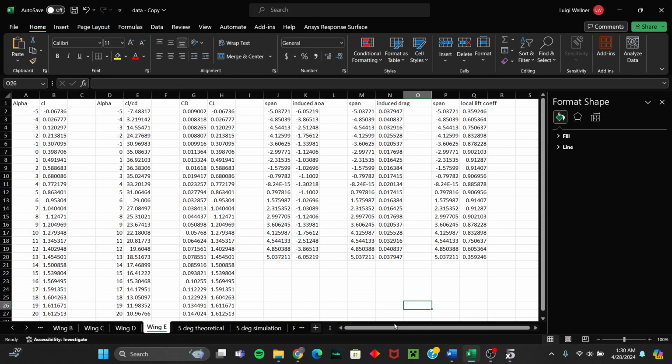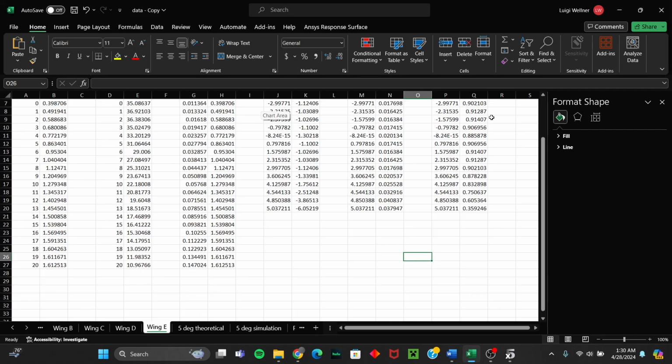When you come here, I took all the values of the graph. So the angle of attack with respect to lift coefficient, angle of attack with respect to lift coefficient over drag coefficient, the graph with respect to CD-CL, and then span over the induced angle of attack, span over induced drag, span over the local lift coefficient.